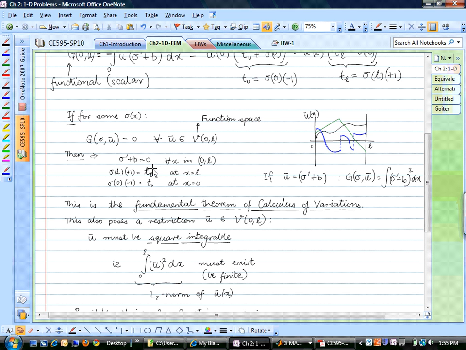Why did you choose u bar as only that particular form? In order to prove the theorem of calculus of variations, this is one choice. The statement says that u prime multiplied with this quantity is equal to 0 for all u bar.